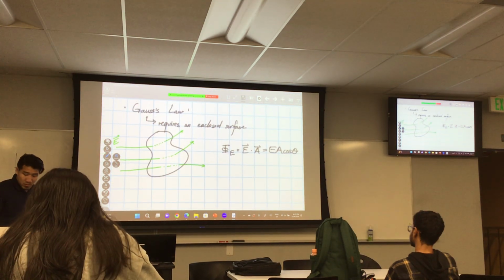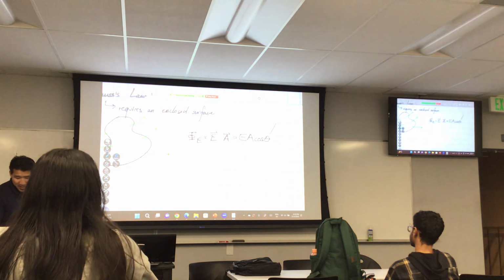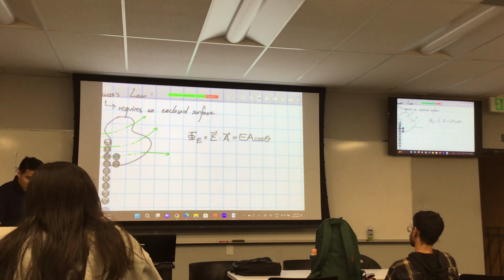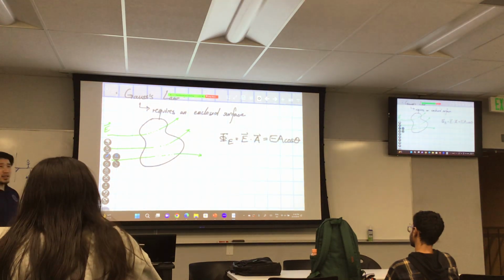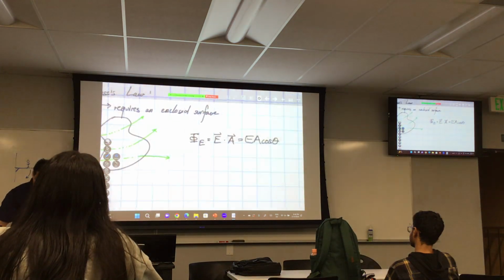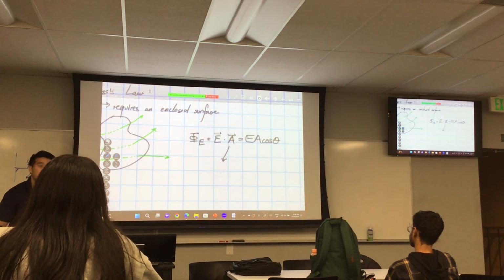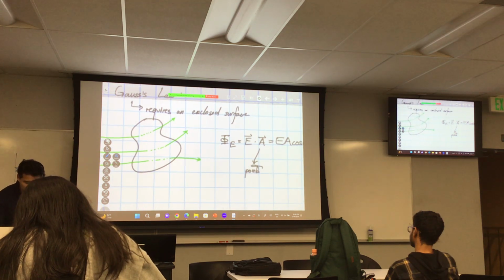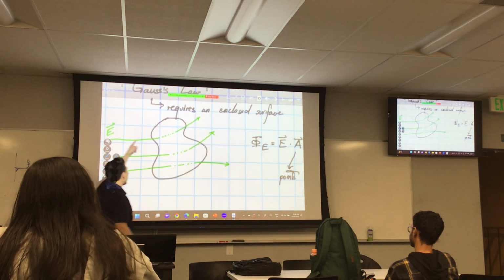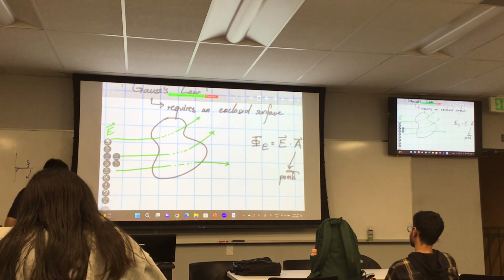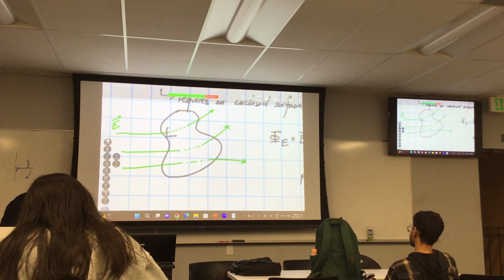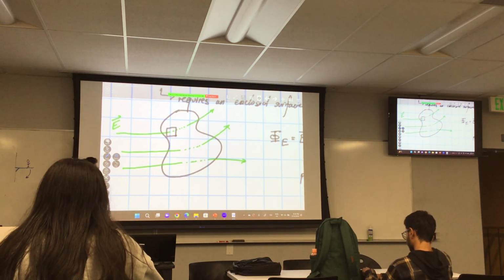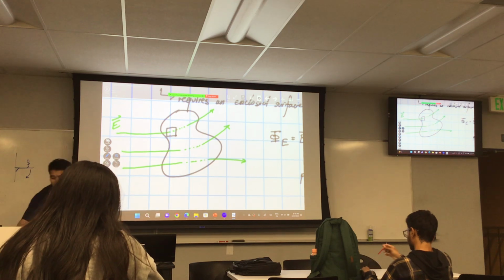Well, what is theta? Let's talk about a convention. So the area vector, we have two options. At the point of entry, so let's consider this little spot right here, we have two options for denoting the area vector.